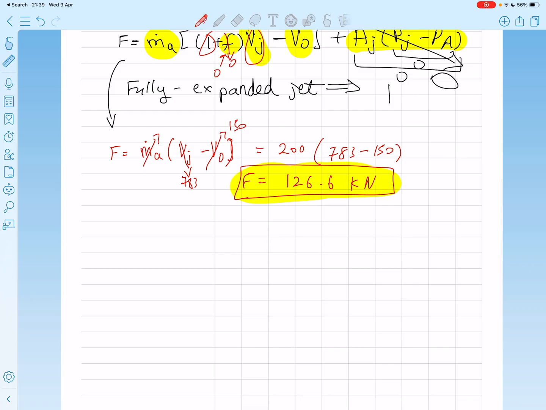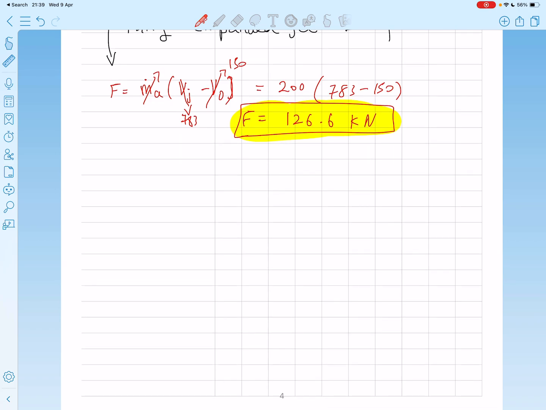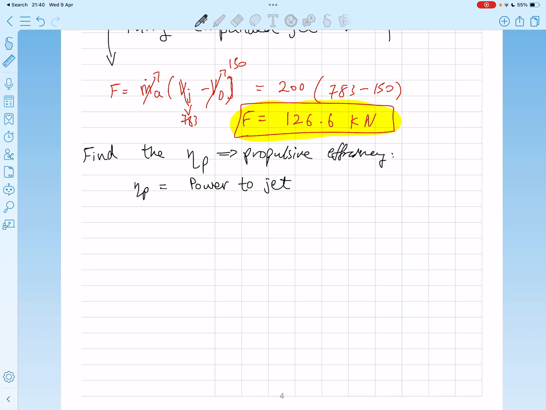Next part of the question. Find eta subscript p, which means propulsive efficiency. This is defined as power to the jet divided by power to aircraft.